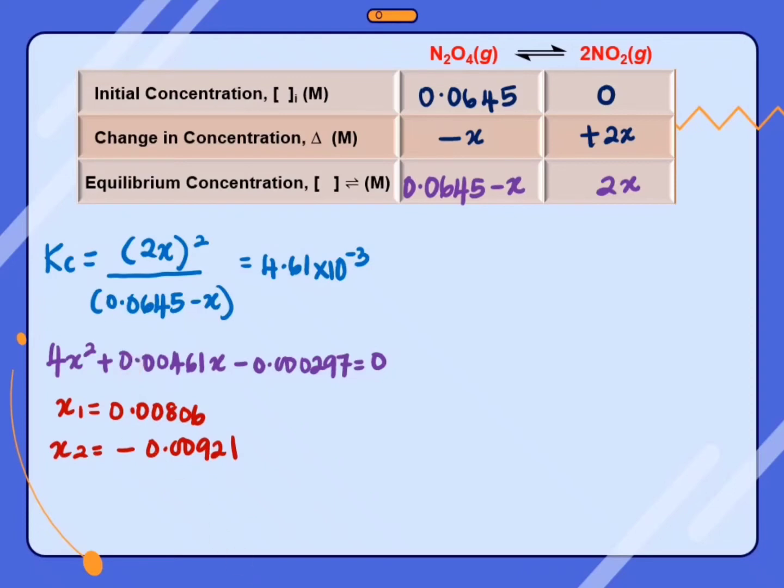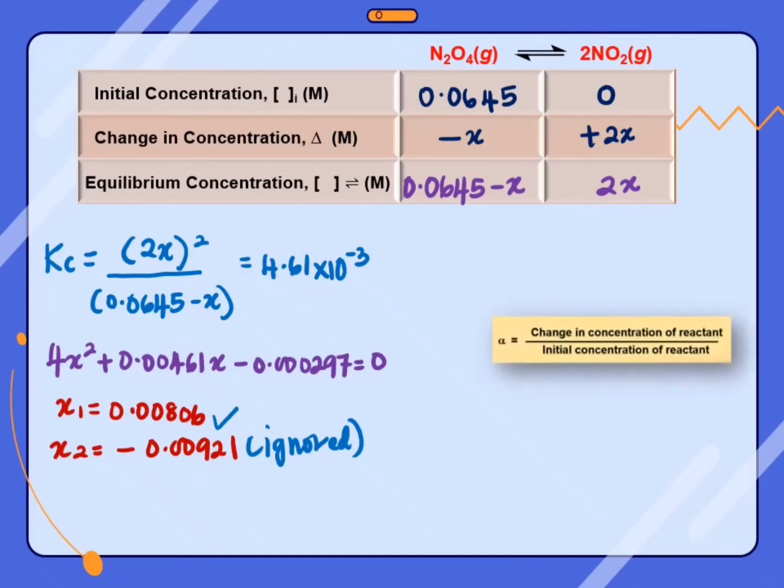So this value of X2 we will ignore. What we choose is the value of X1. Okay? And then this question asks you to calculate the degree of dissociation.